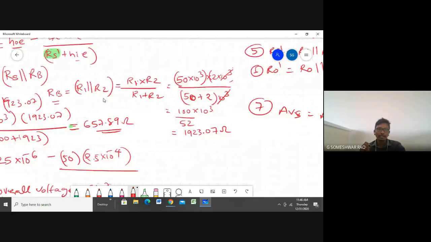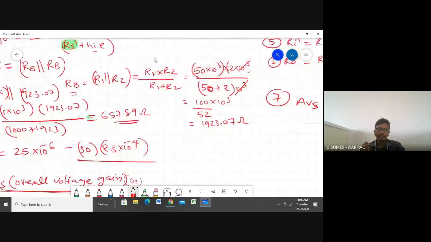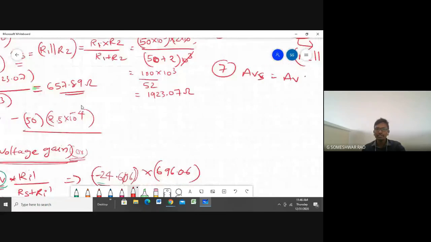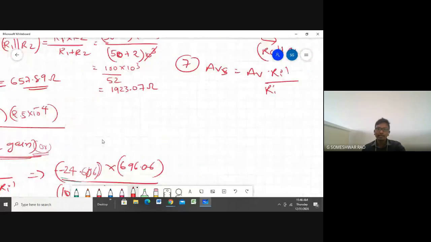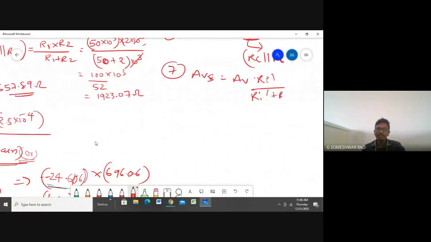AV into RI dash divided by RI dash plus RS, RI dash plus RS, you can say. Eighth parameter is the AIS. AIS is equal to minus AI into RC plus RB divided by, am I correct?